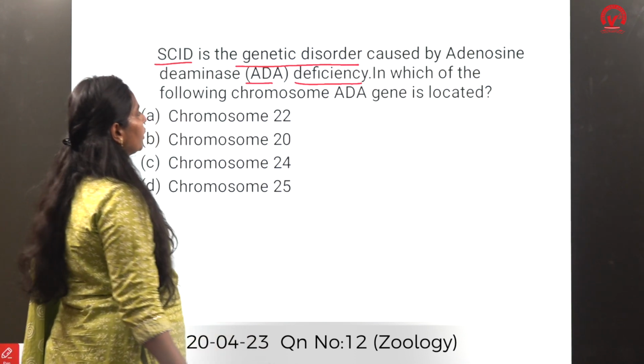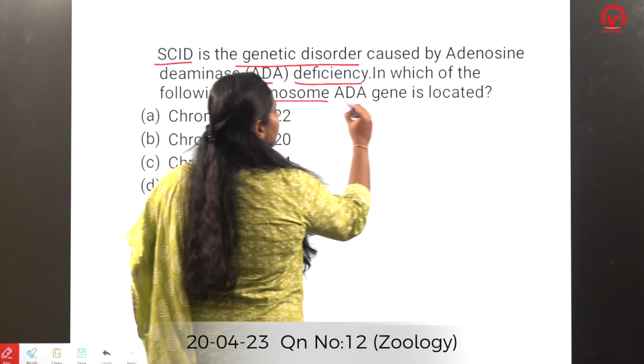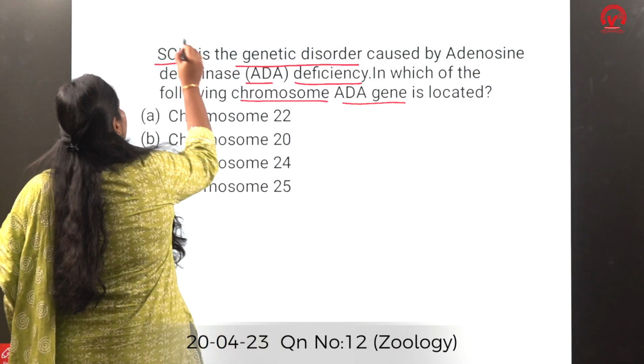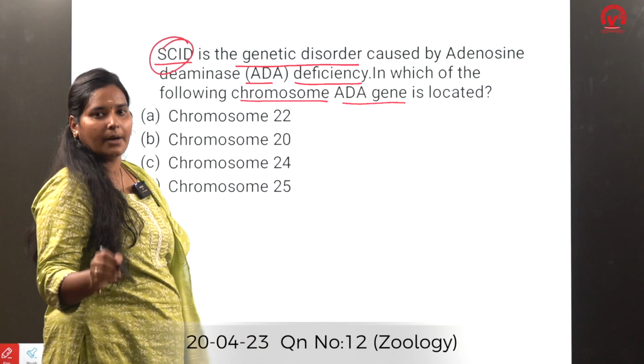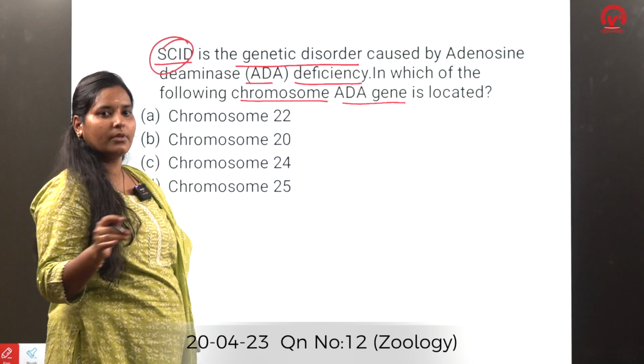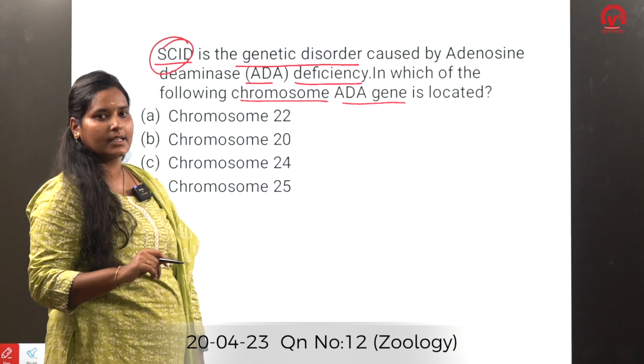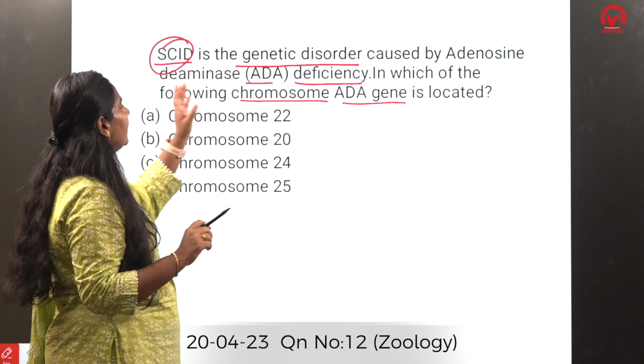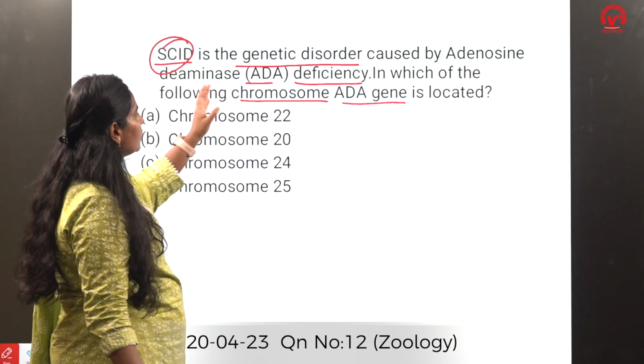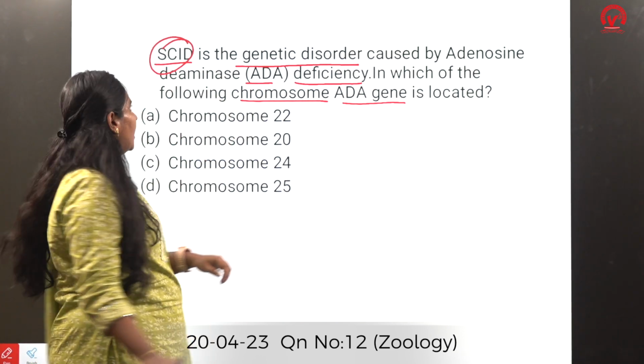In which of the following chromosomes is this ADA gene located? First, SCID is severe combined immunodeficiency syndrome, a genetic disease caused by ADA deficiency, that is adenosine deaminase deficiency.